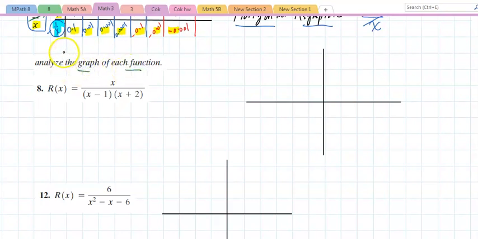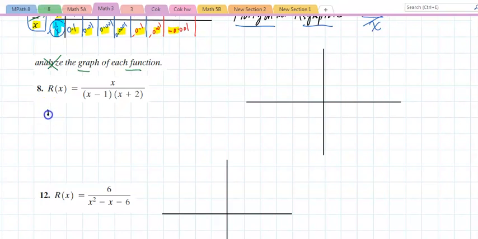Now, we really don't care much about analyzing. Let's graph. And to graph those, you need to figure out 4 main things. Once you get those out of the way, once you keep track of asymptotes and how the graphs behave, you'll be able to graph no problem.